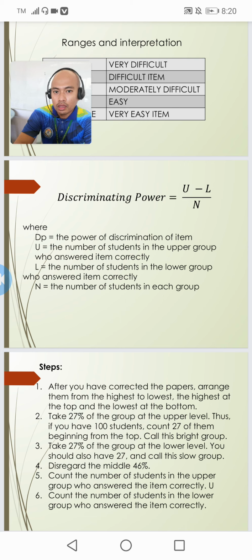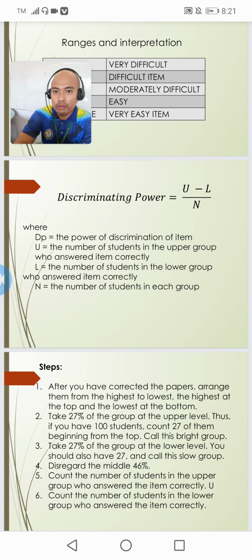Capital U denotes the number of students in the upper group who answered the item correctly. So you need to identify who are the people in the upper group in order to find the value of capital U. In the same manner with capital L, however, we will concentrate on the lower group. So capital L denotes the number of students in the lower group who answered the item correctly.